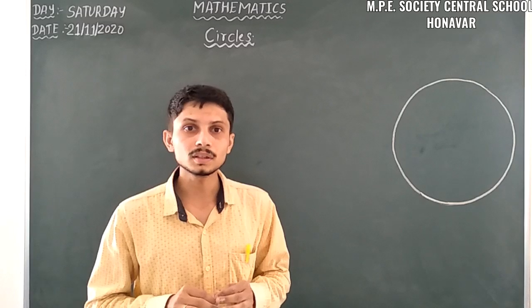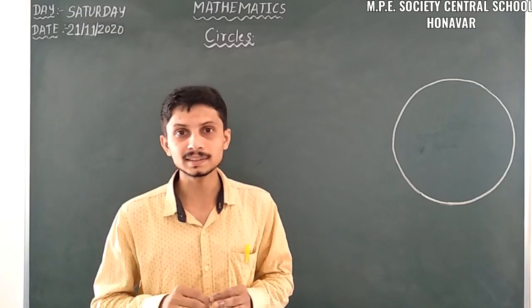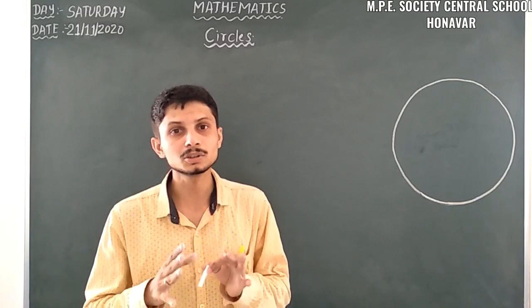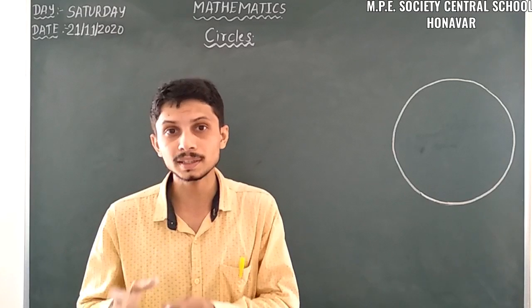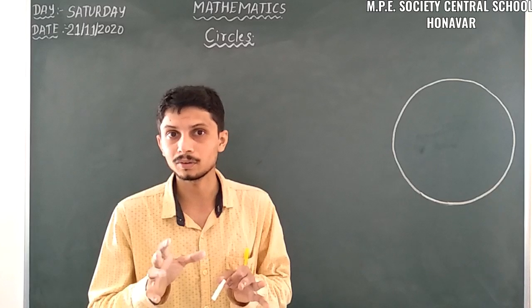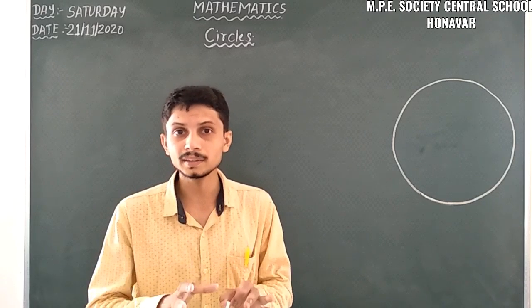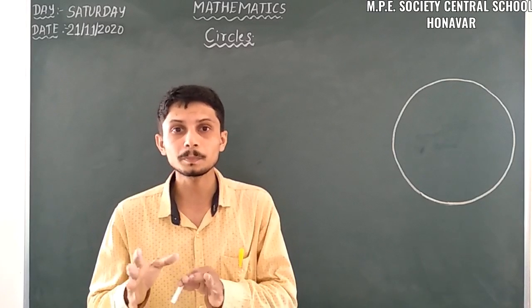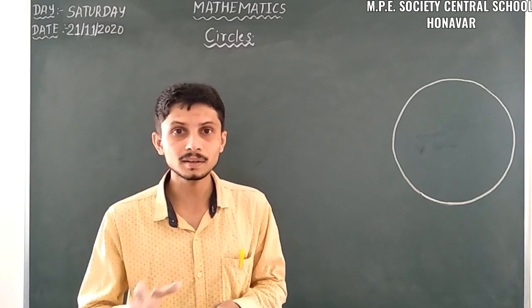So theorem 10.2 states that the length of tangents drawn from an external point to a circle are equal.